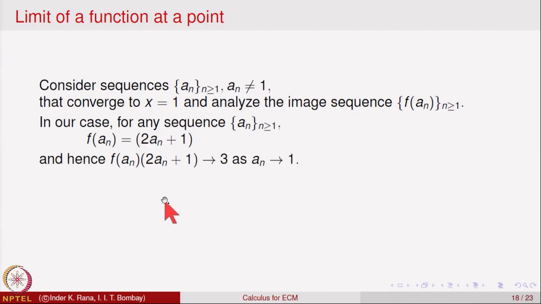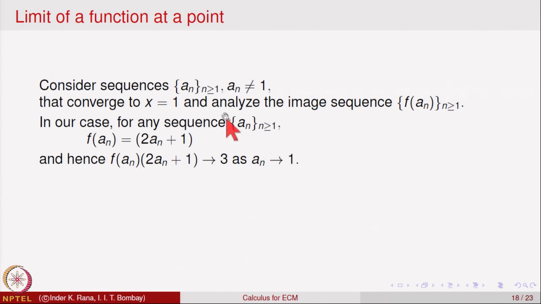So, it will converge to 3. So, f of a n, which is 2 a n plus 1, will converge to 3 as n goes to infinity. This fact uses limit theorems for sequences.